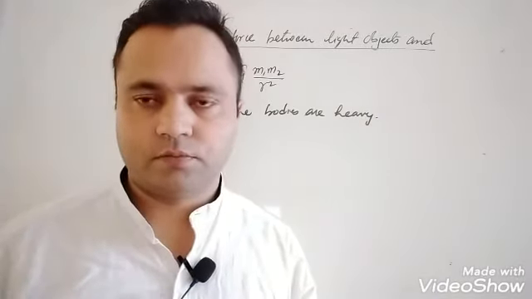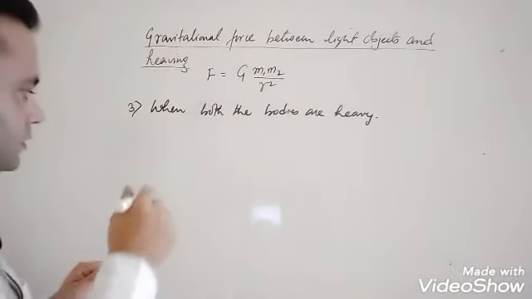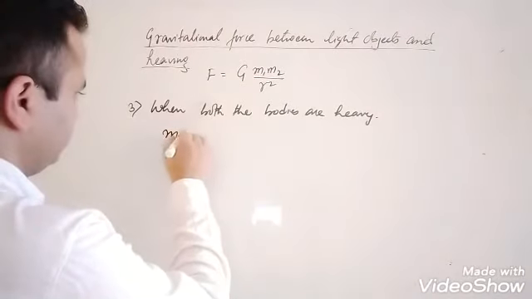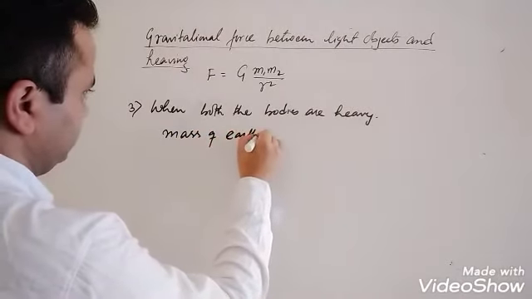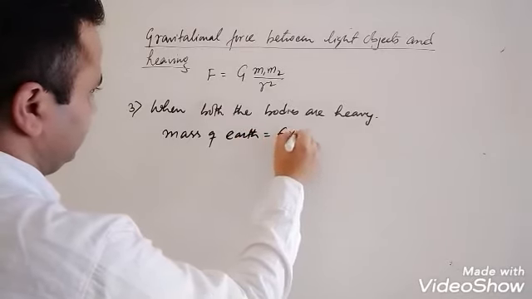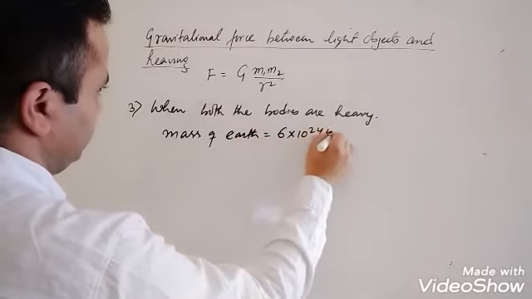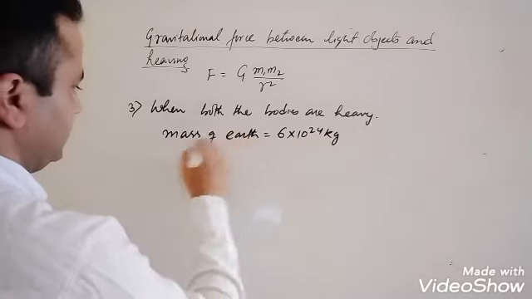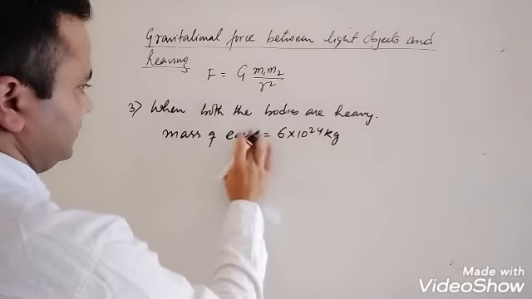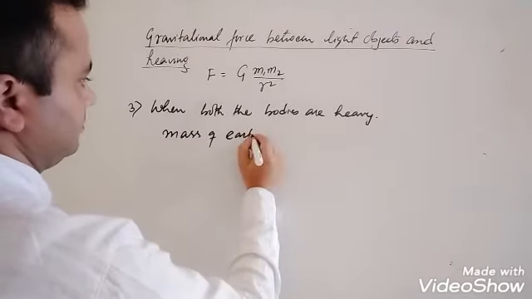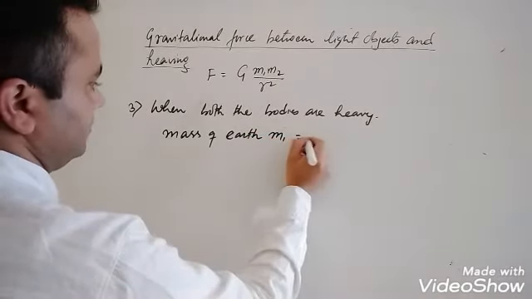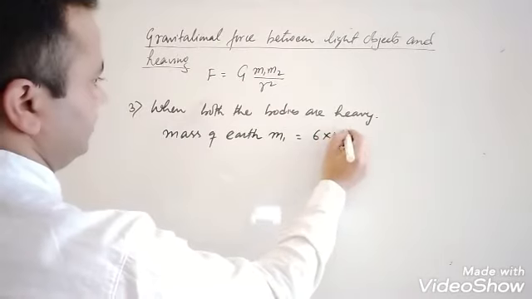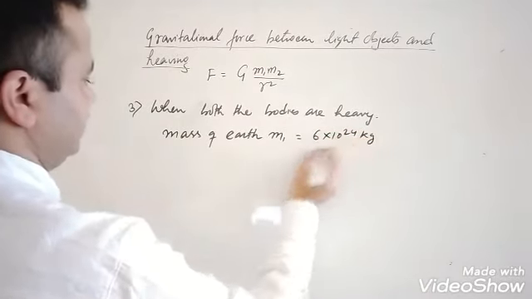Mass of Earth, M1, equals 6 into 10 to the power 24 kg.